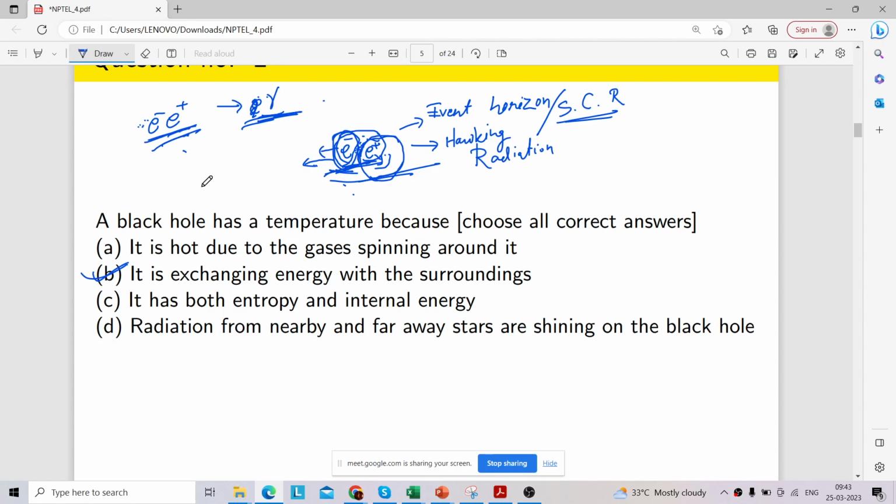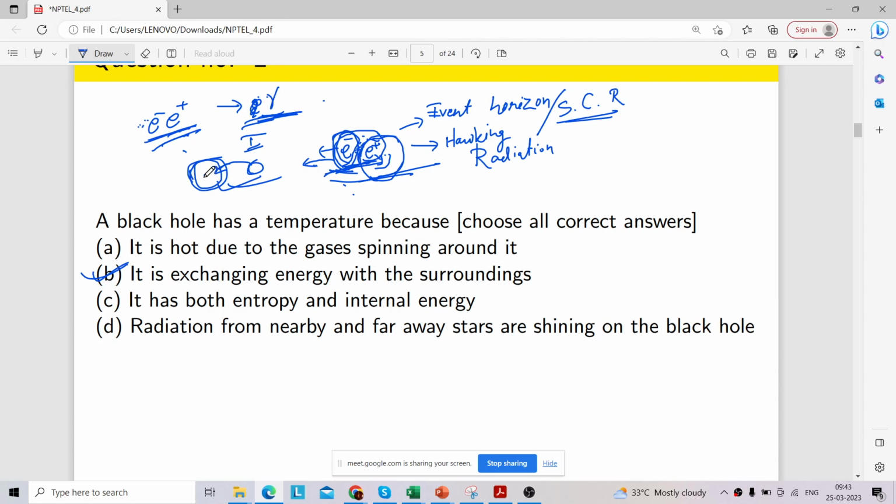Otherwise, if a black hole engulfs a star, then it's also taking the star's energy to itself. So in that manner also black holes exchange energy. And if energy exchange happens, that means black holes should have some temperature. Means it's taking heat, then it should have some temperature.